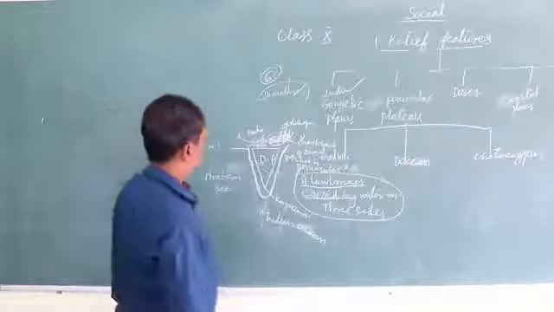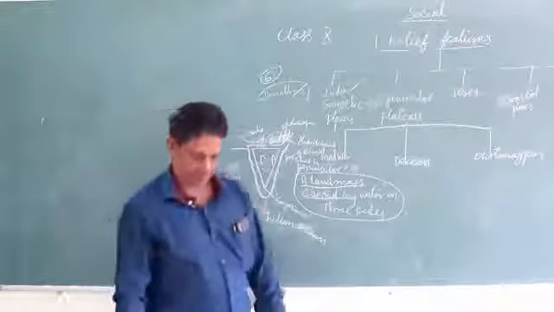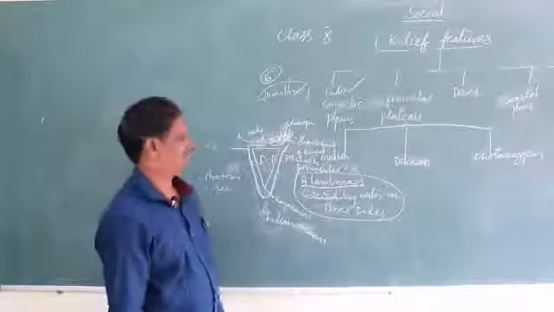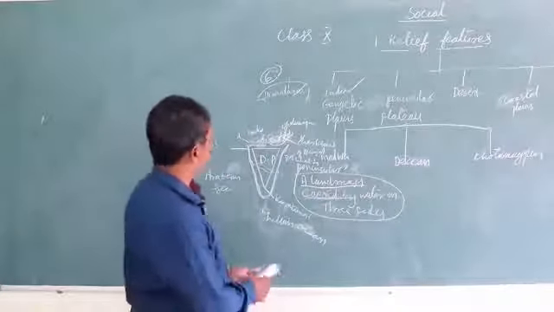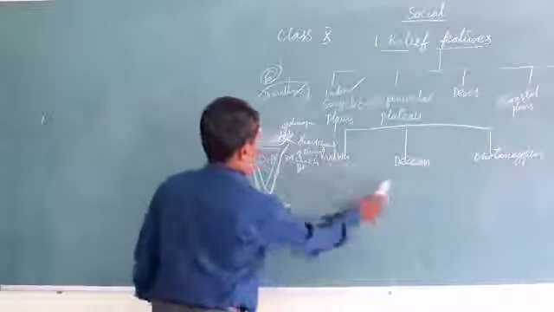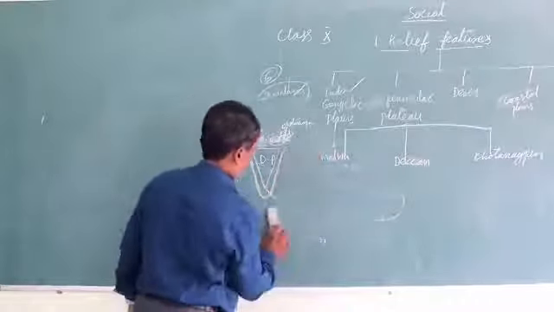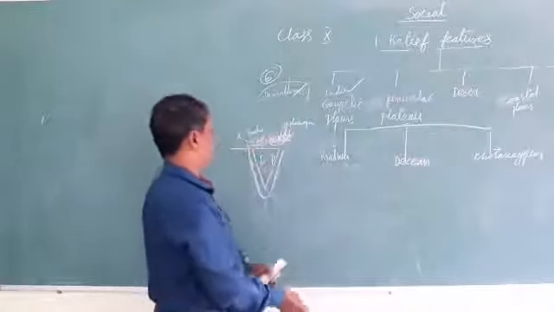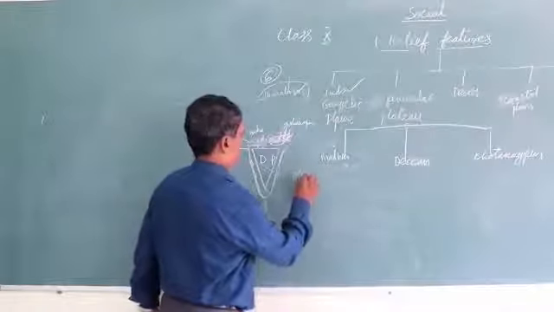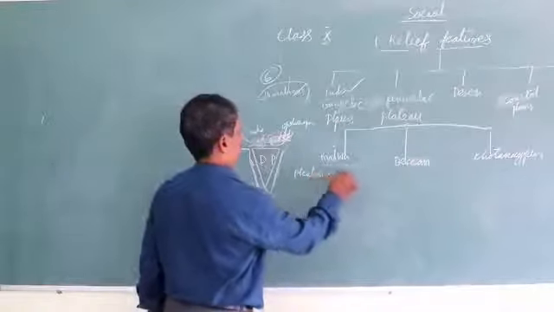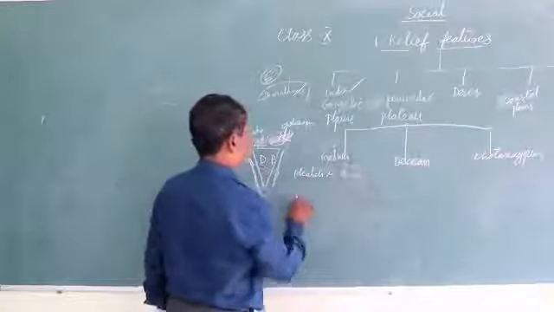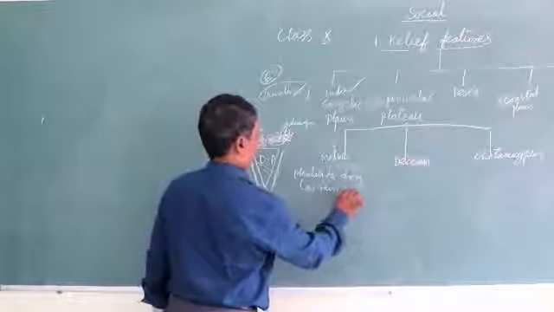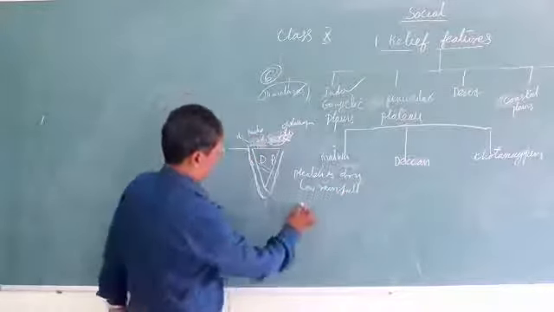Okay. Now what is the nature of peninsular plateau? A plateau is a nature itself. It is dry. Generally, plateau is dry, receives low rainfall, rugged surface.